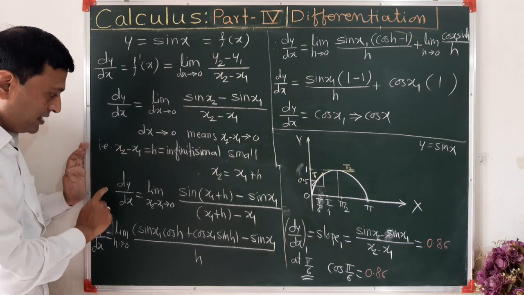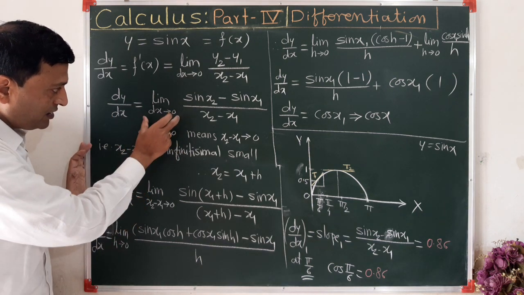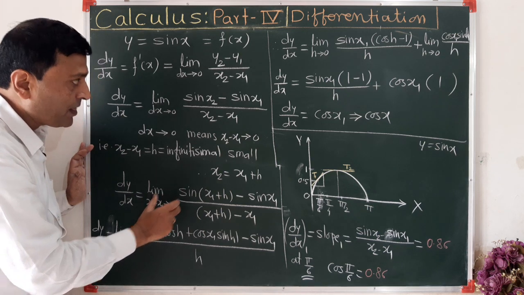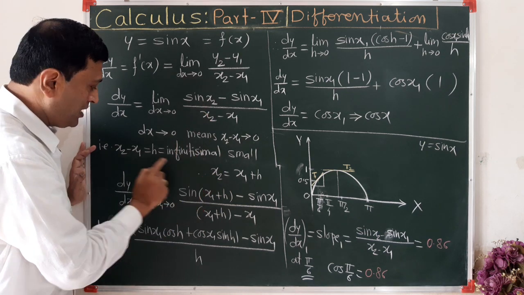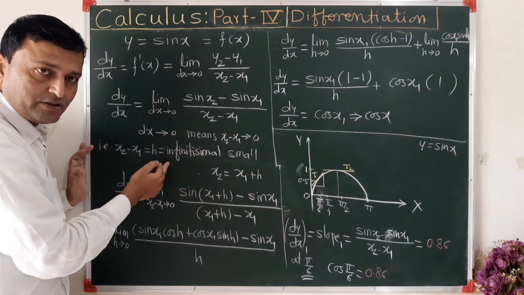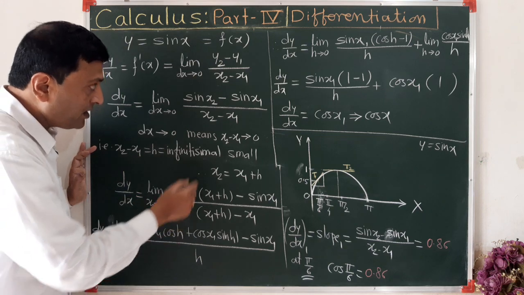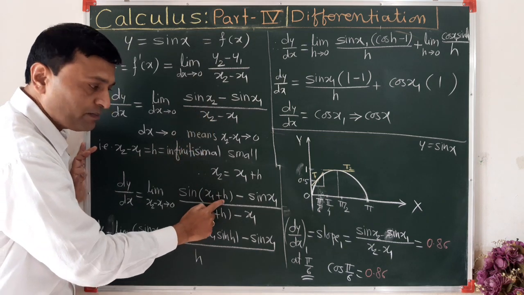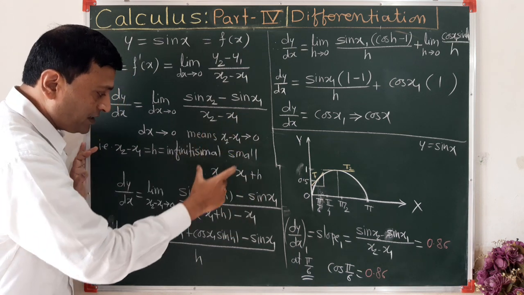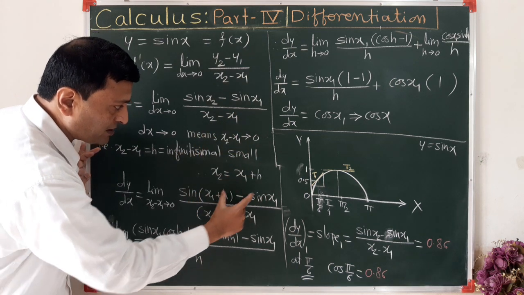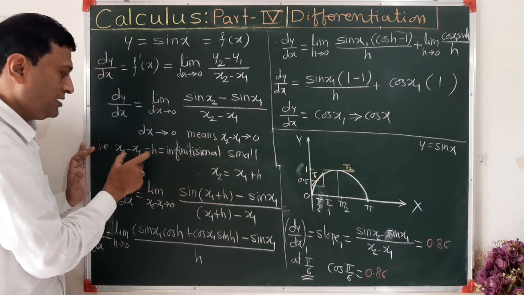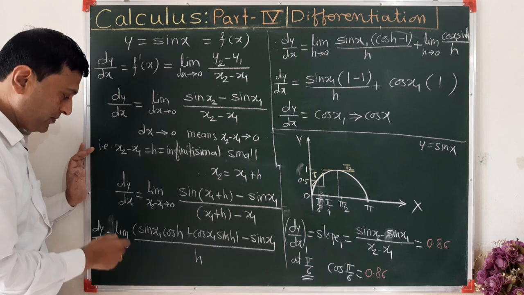Now dy by dx is equal to limit dx tends to 0, means x2 minus x1 tends to 0, and since x2 minus x1 is h, x2 is equal to x1 plus h. Now x2 can be replaced as x1 plus h, minus sin x1 as it is, and x2 minus x1 is h, no problem.